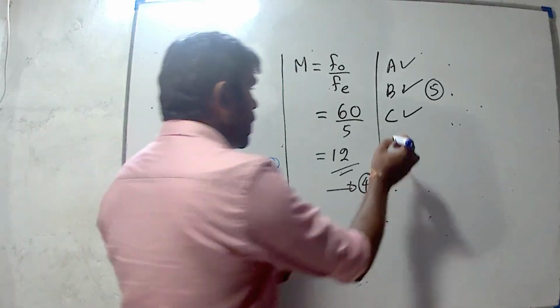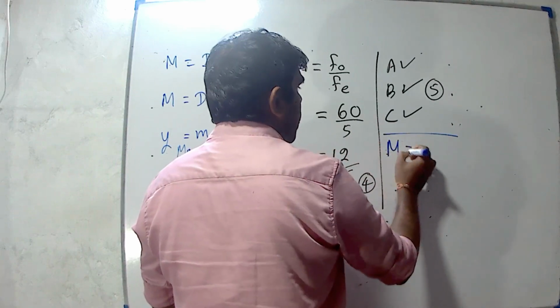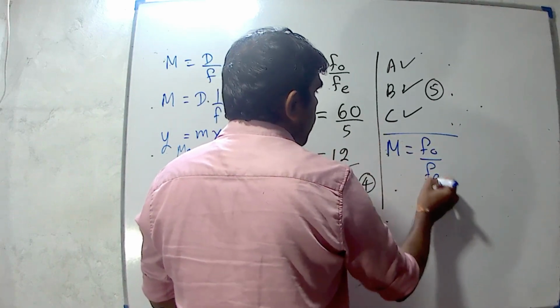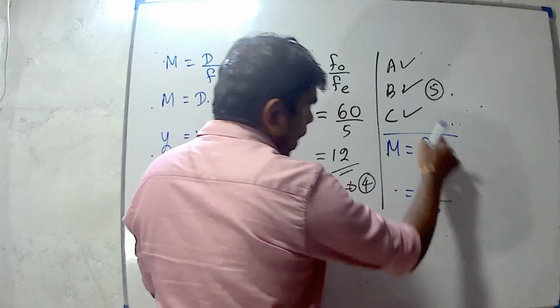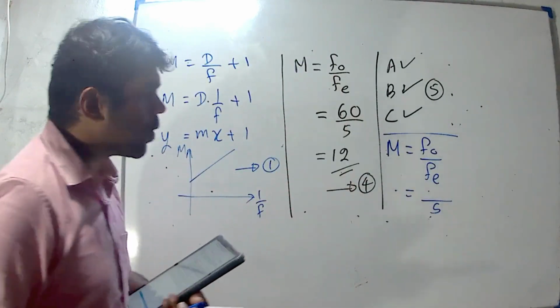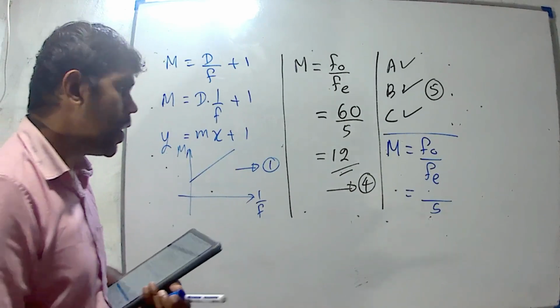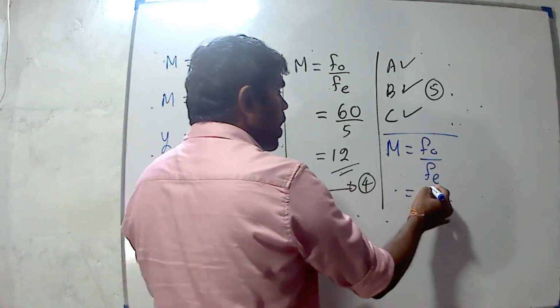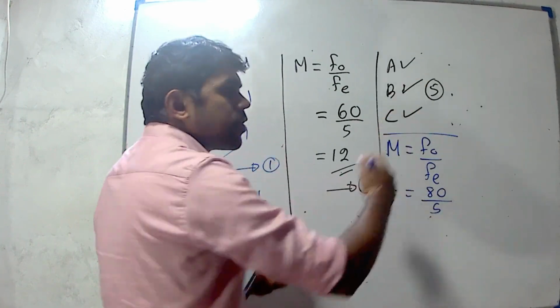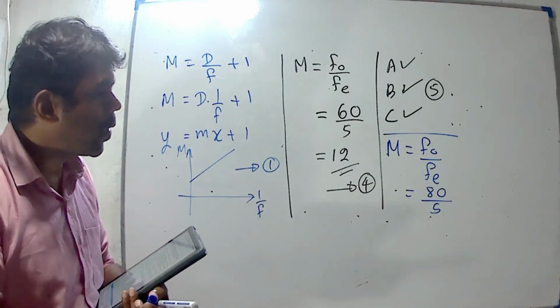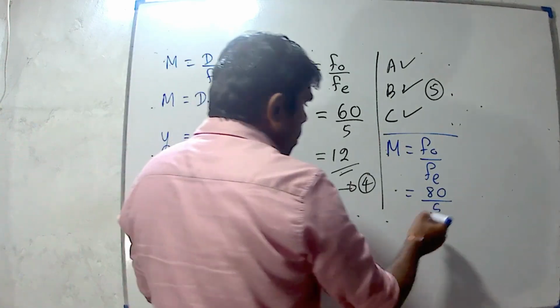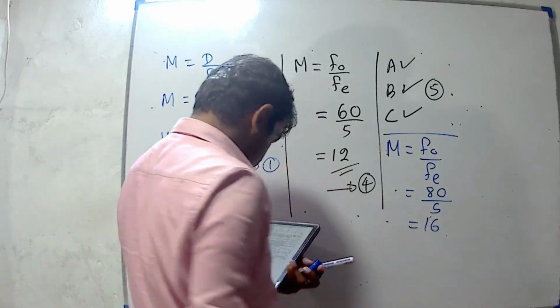Again we can get angular magnification F0 over Fe. Fe is given as 5, we can obtain F0. Total length of the instrument is 85. It means F0 should be 80, because the sum of focal lengths is equal to the gap between two lenses. 80 divided by 5, 16.